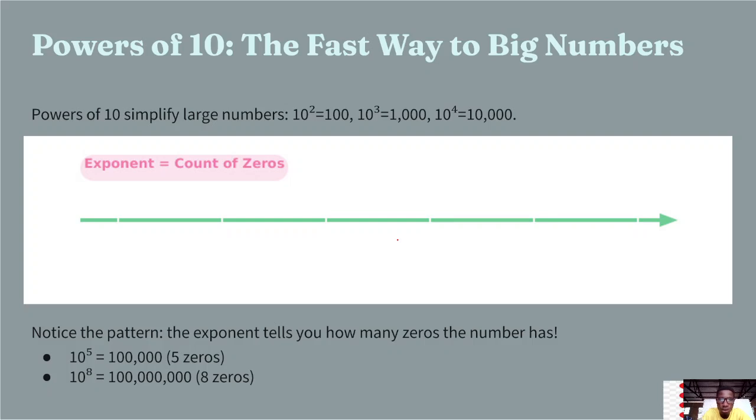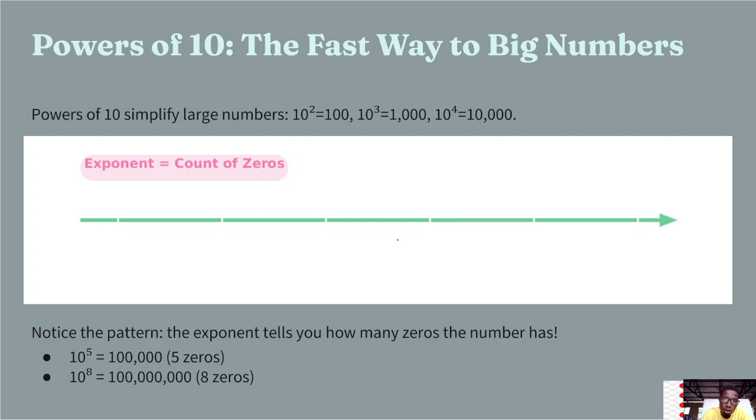So for 10 exponent 2, the simple way of getting the answer is to look at the number on top as the exponent and write zeros equivalent to that number.